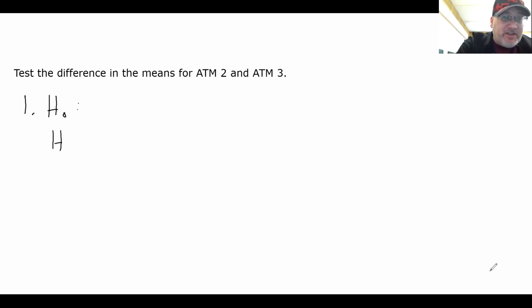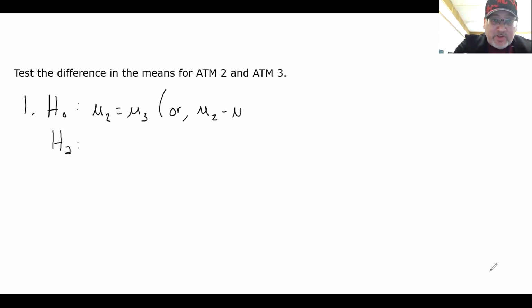Since we are testing the difference in the means for the second ATM and the third ATM, we'll say that our null hypothesis is mu2 is equal to mu3. Notice that this is the same as mu2 minus mu3 is equal to 0.